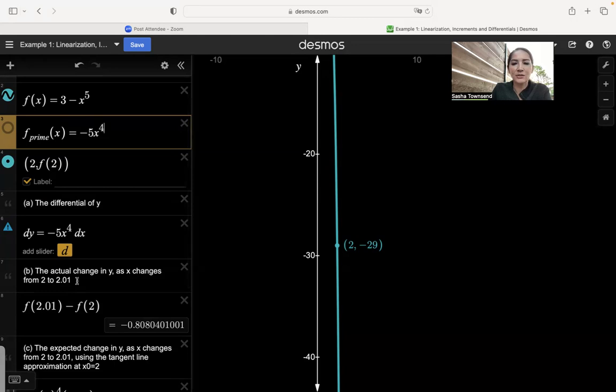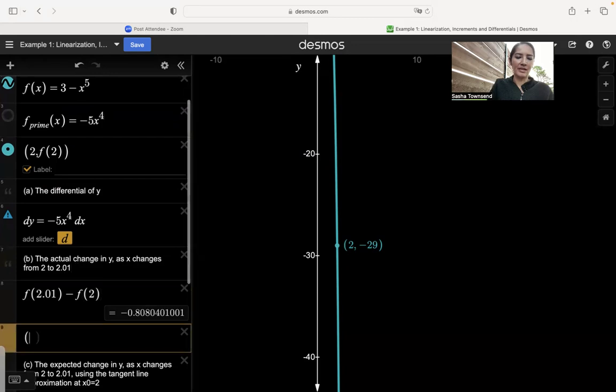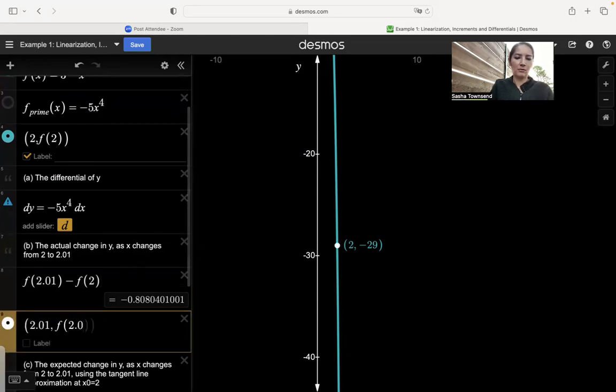Now, if we want the actual change in y as x changes from 2 to 2.01, we just evaluate f at 2.01 and evaluate f at 2 and subtract. Visually, we might be interested in what that point looks like at 2.01. So there's a nearby point.